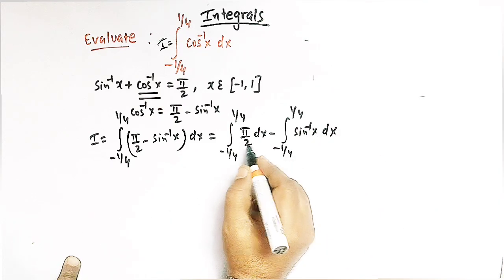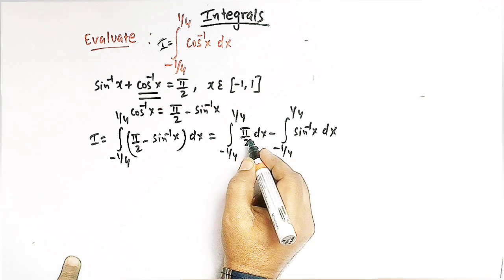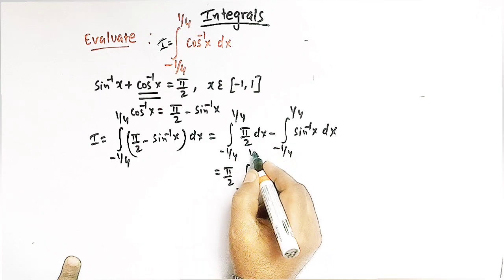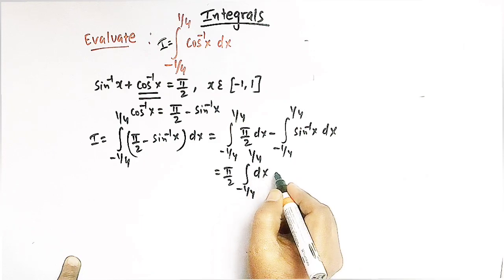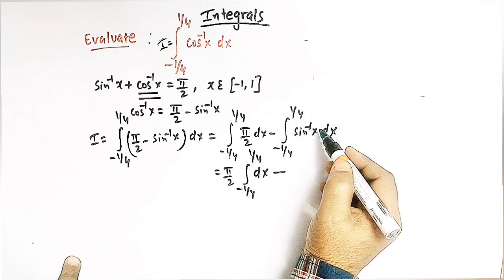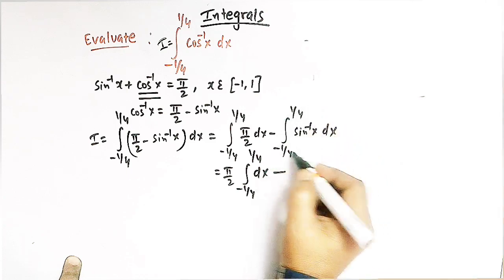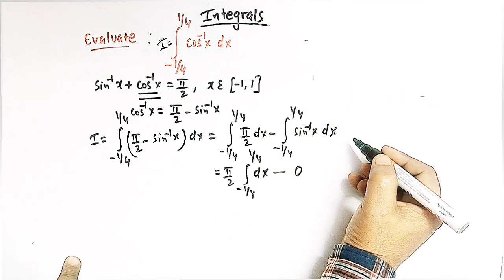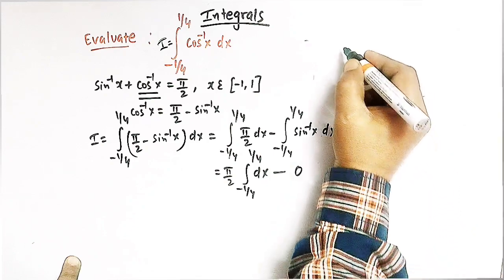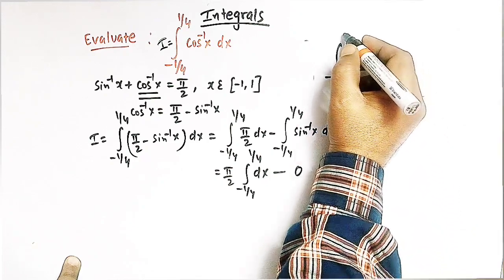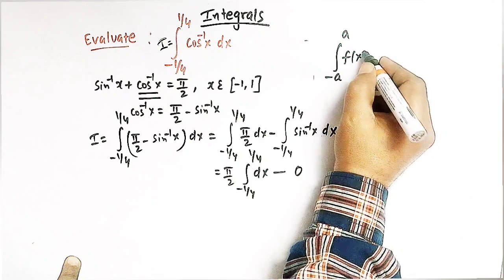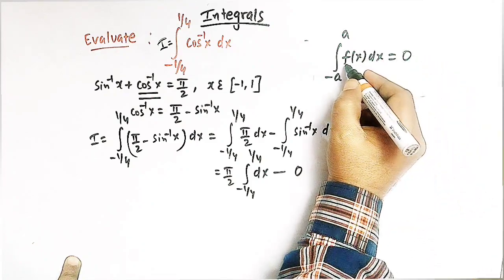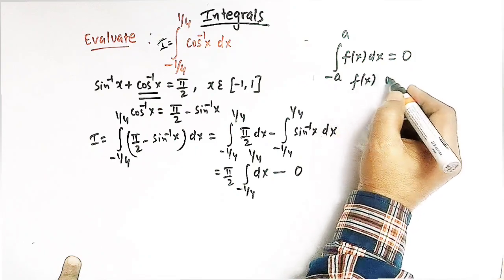Now this integral is easy to evaluate. We can write pi by 2 times the integral from minus 1 by 4 to 1 by 4 of dx. Now let us see the other integral. Its value is 0, because of an important property of definite integrals: the integral from minus a to a of f of x dx is equal to 0 whenever f of x is an odd function.